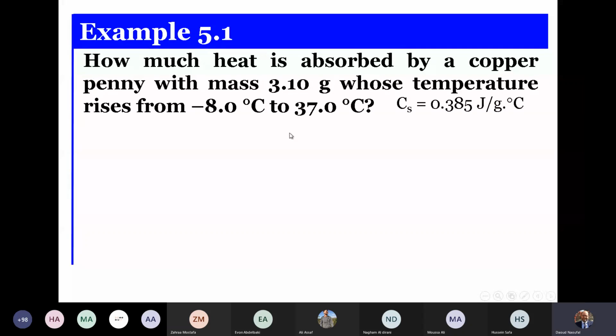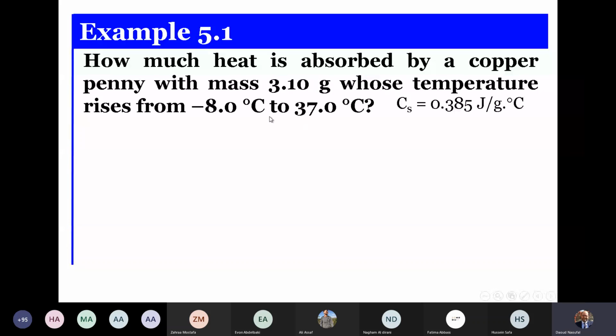The concepts are very close, but some calculations are different. So this is physical, since we have copper initially and copper at the final state, but the difference is in the temperature. Initial temperature equals -8 and final temperature equals 37.